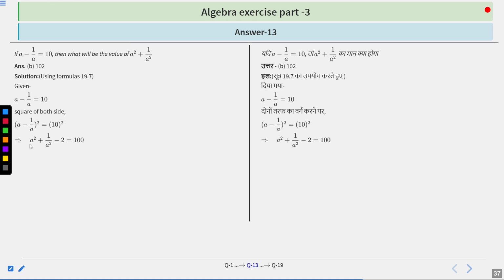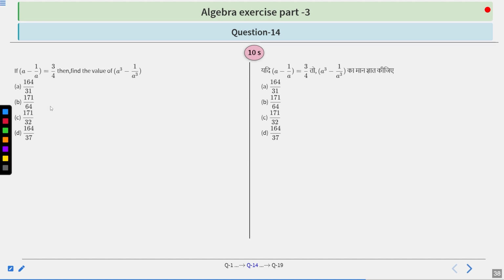And square of 10 is 100. So a square plus 1 upon a square minus 2 becomes equal to 100. Therefore, a square plus 1 upon a square is going to be 100 plus 2. That is 102. Therefore, a square plus 1 upon a square is 102. Option number B is the correct answer.